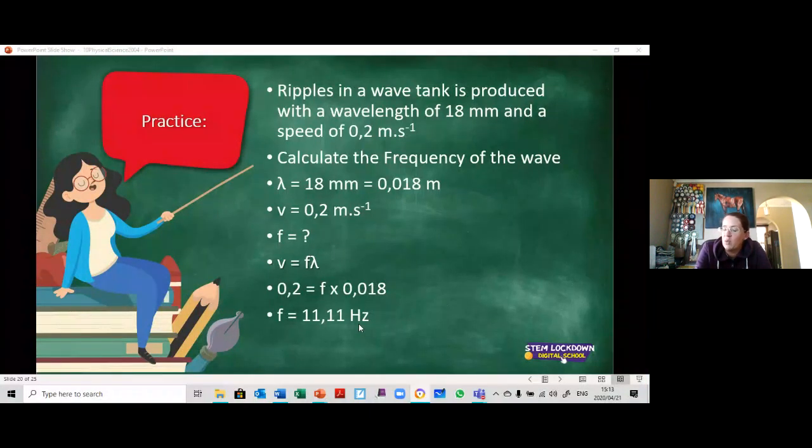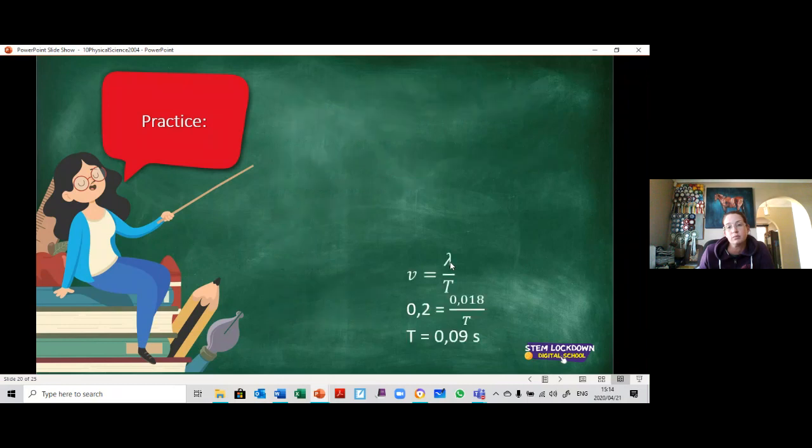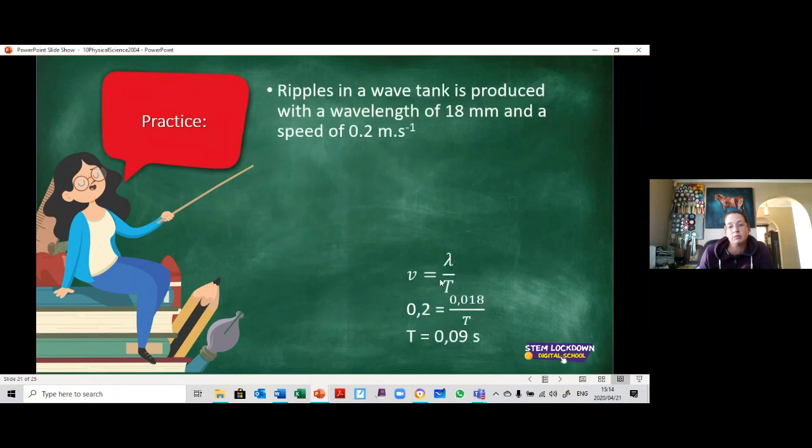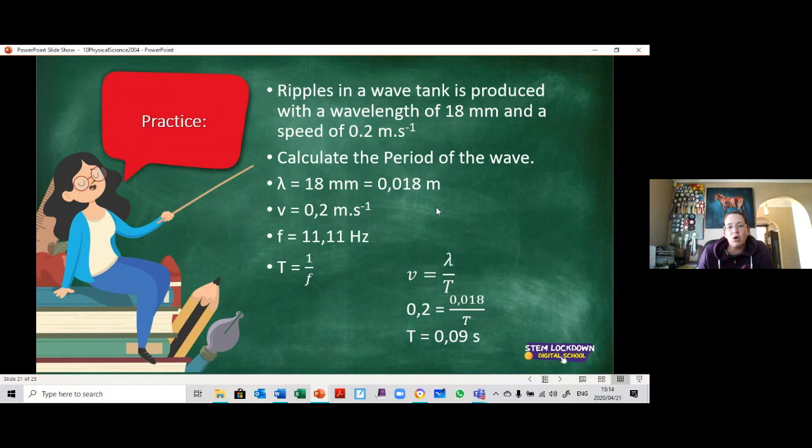Now, the next one where we have to calculate the period, there is more than one way to do it. So I have done both. It completely depends on you which one you prefer. So we have to calculate the period. These are all the variables we now have.